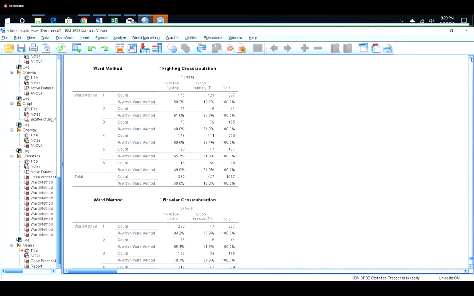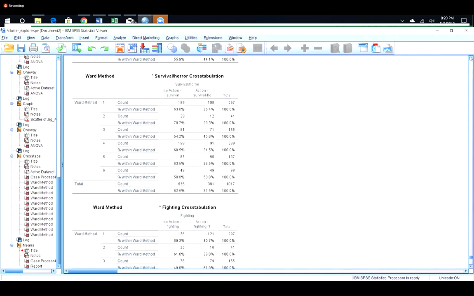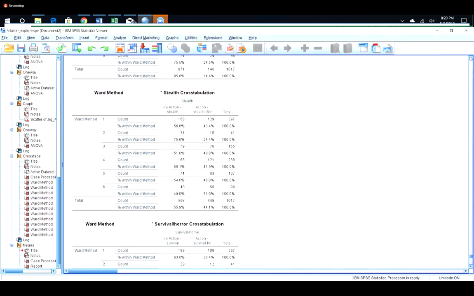And then, when it's got the no action, that pretty much means that they don't play those games, right? Well, so let's do stealth. So no action stealth. This means they don't play it. So when they ask, do you play it or not? Right. That's it. So if you're trying to say who plays what game, what sort of gamer plays what game, that's what you're looking for, where they play. Okay.